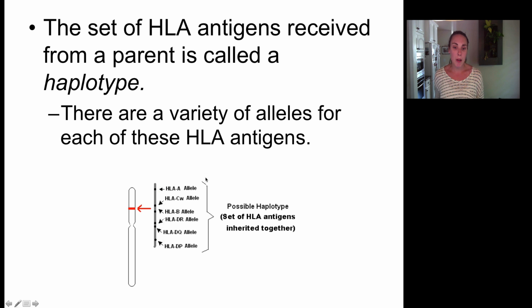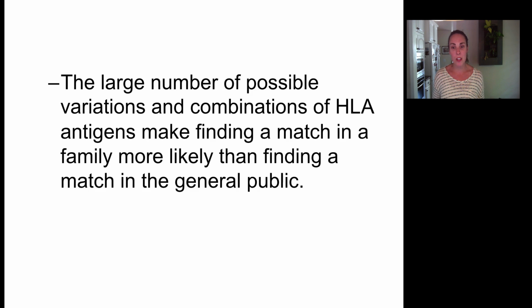On top of A, CW, B, DR, DQ, DP, there are also alleles, and they list those in terms of numbers. The large number of possible variations and combinations of HLA antigens make finding a match in a family much more likely than finding a match in the general public.